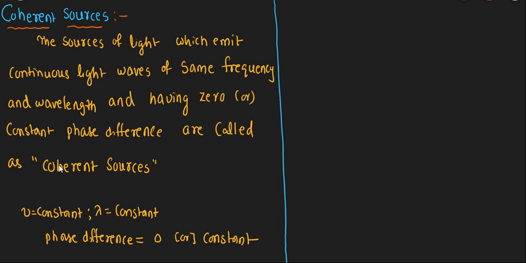If any two sources emit light with the same frequency, same wavelength, and zero phase difference, then such sources are called coherent sources.